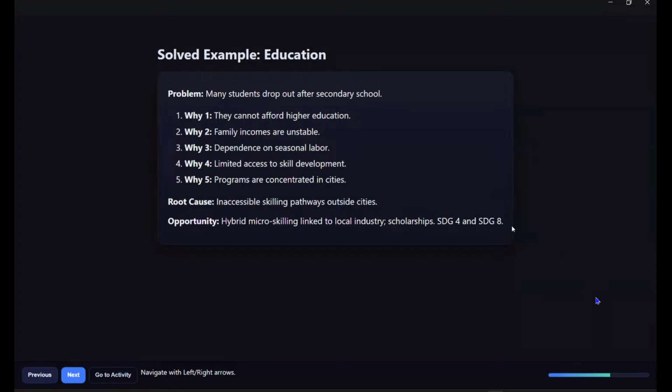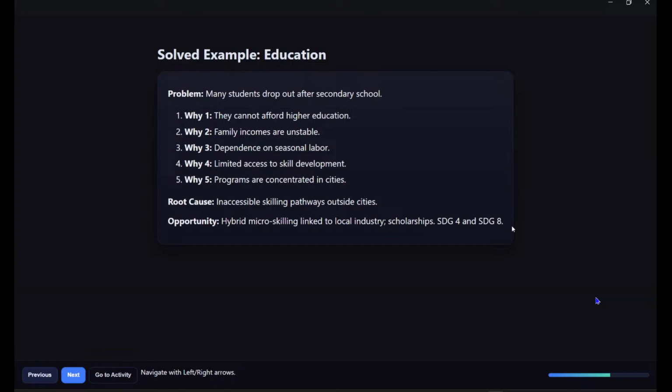Programs are concentrated in cities. So the root cause is inaccessible skilling pathways outside cities. The opportunity is hybrid micro-skilling linked to local industry, and scholarships, which come under SDG 4 and SDG 8.